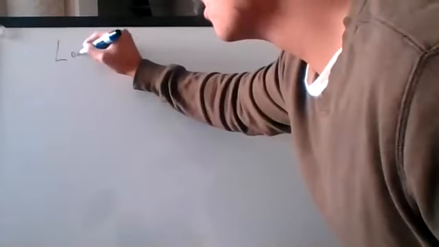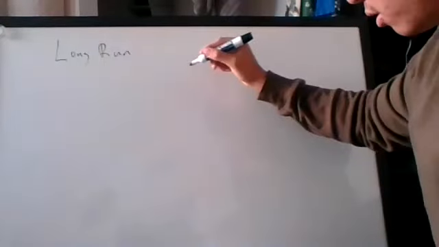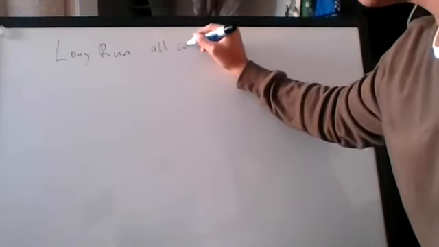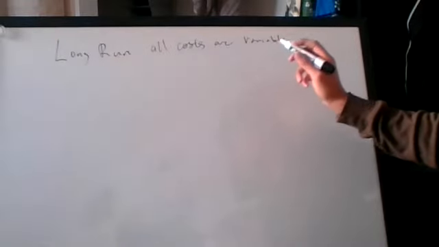So what does it mean to be in the long run? Well, in the long run, we're going to say that all costs are variable, meaning that you have the decision of whether to incur those costs or not.